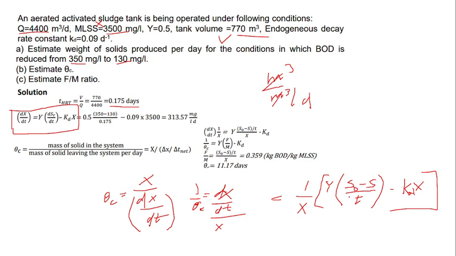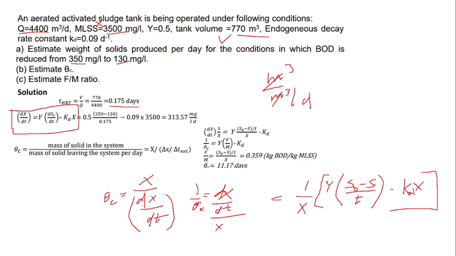There will be Y into S naught minus S divided by t into X, and this X and this X will get cancelled, and you will obtain only minus Kd here. Okay, now this is your 1 by theta C. This is how this equation is derived.